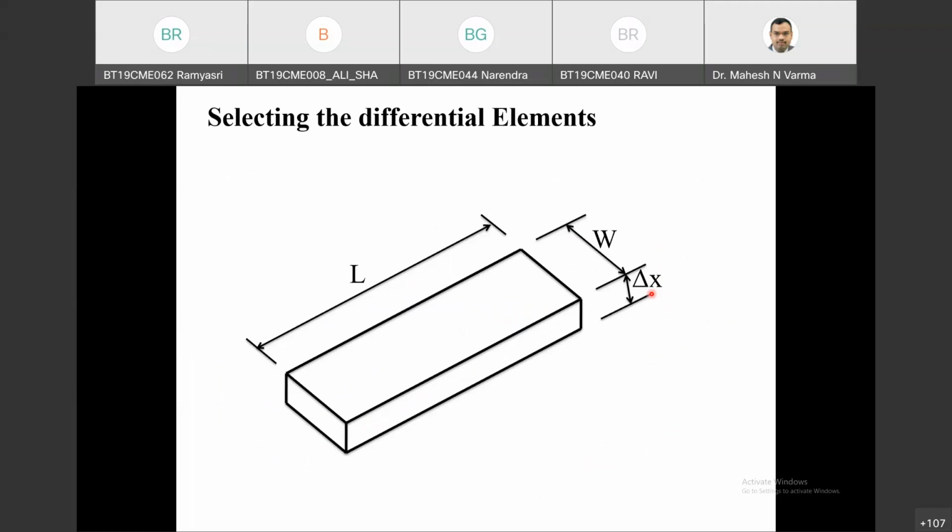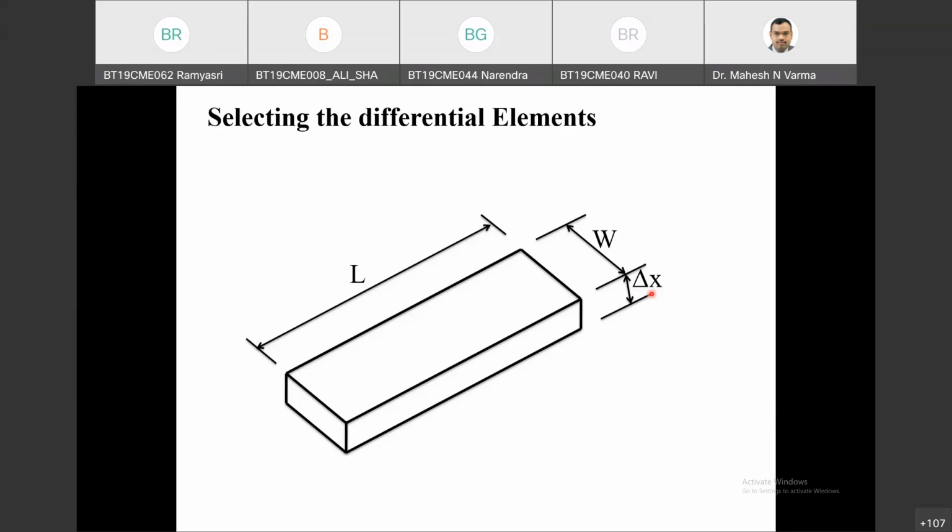My properties are constant in z direction and constant in y direction, and varying only in x direction. So the differential thickness needs to be selected only in x direction, because that is the only direction of concern for me.